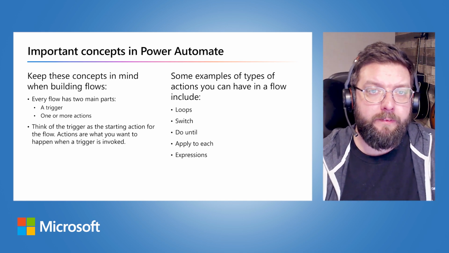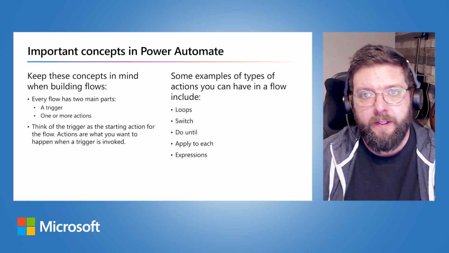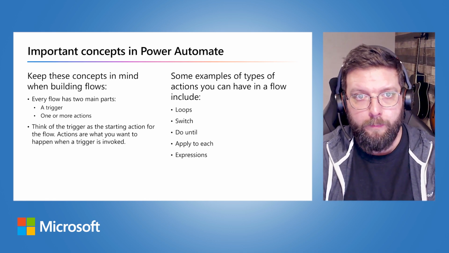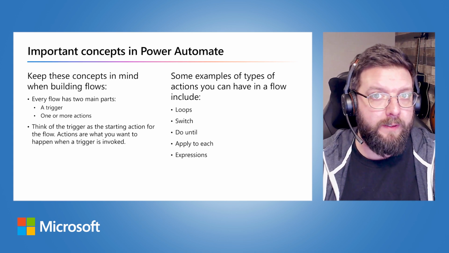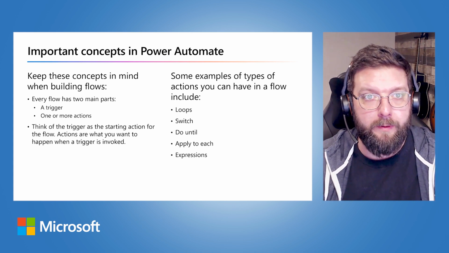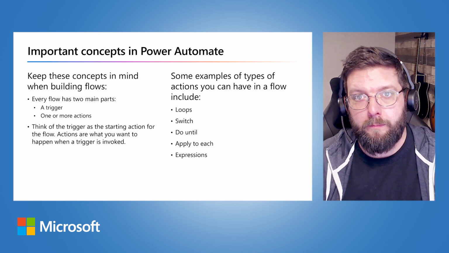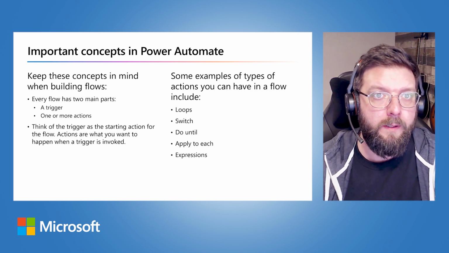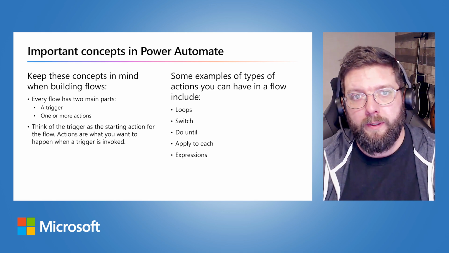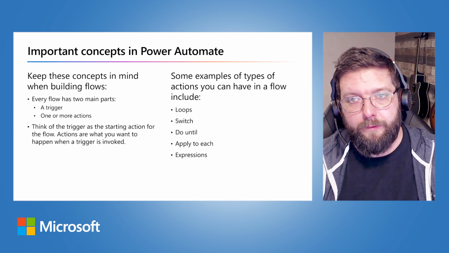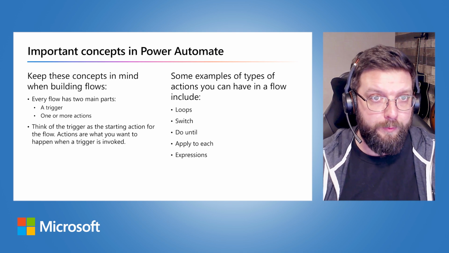Some examples of types of actions that you can have in a flow include loops, which run an action until conditions are met to move to the next step of the flow. Switch identifies a single case to execute based on the evaluation of the input. Do until executes a block of actions until a specific condition evaluates to true.